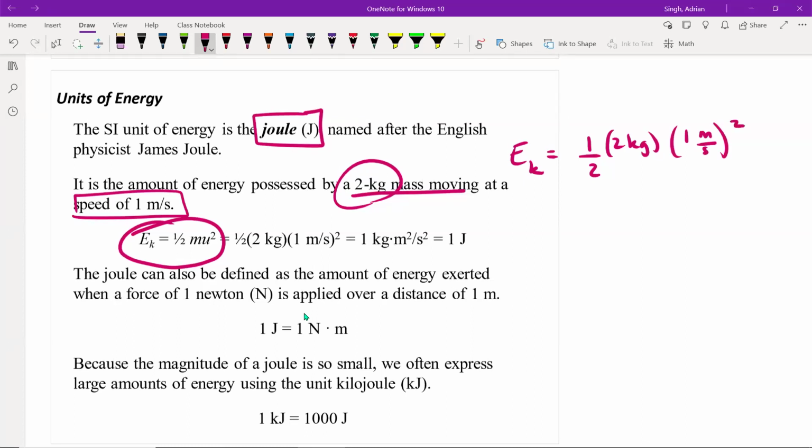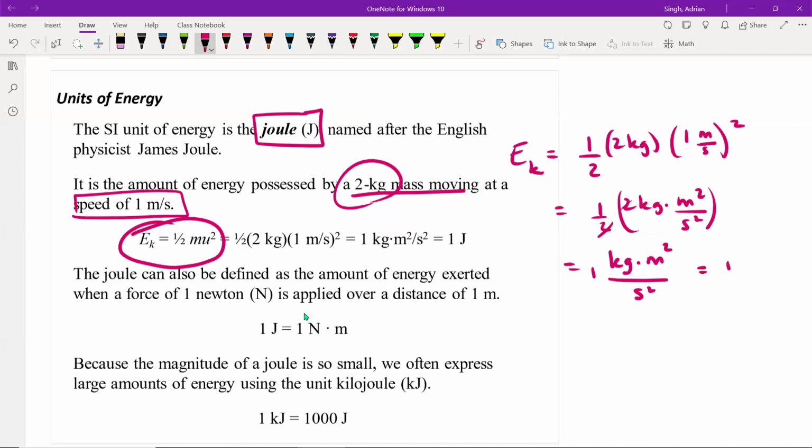If we look at our units now, we have 1/2, we have 2 kilograms, meter times meter would be meter squared, and second times second would be second squared in the denominator. If we now evaluate this, obviously the twos cancel, so we end up with kilogram meter squared per second squared, and 1 is understood.